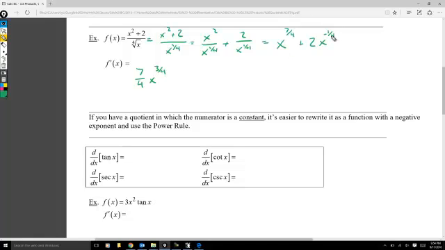And then remember, I have to multiply my coefficient and my exponent. So minus 2 times 1/4 is 1/2 x to the, and I subtract 1, so negative 5/4 power. So much easier than doing quotient rule, and I get a much prettier answer. All right, let's keep going.